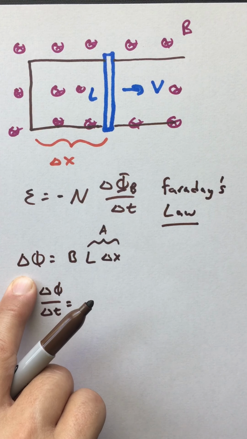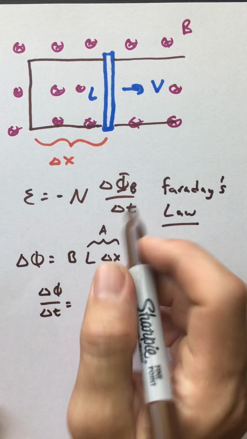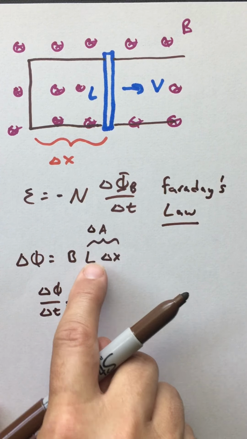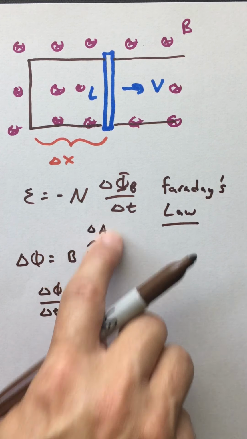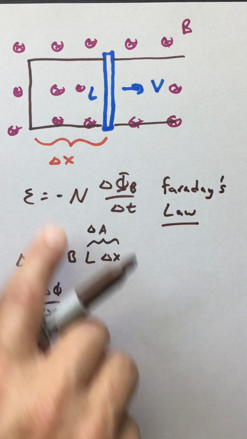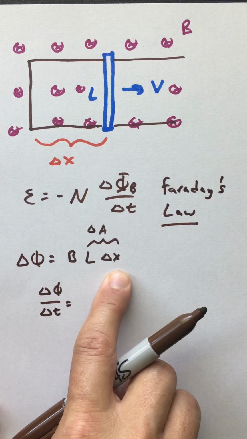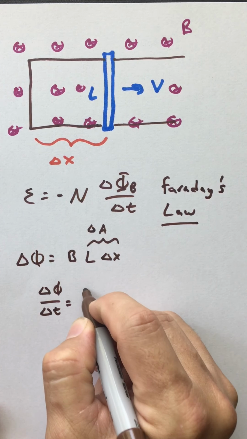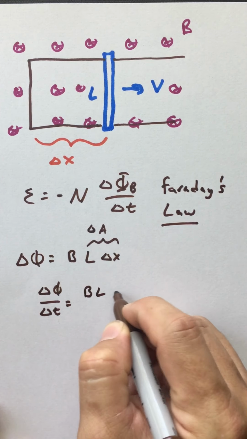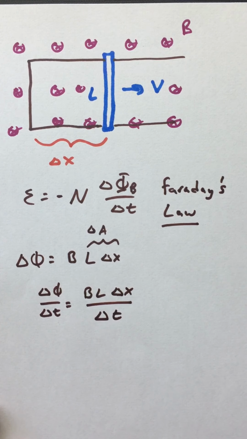This is delta phi, B L delta x. In other words, this is basically how the area changes. So delta phi, in this case, is B times delta A. There's no delta B because B is constant, but there is a delta A, and that is L delta x. All right, fair enough. If I do this then, that's going to be B L delta x over delta t.